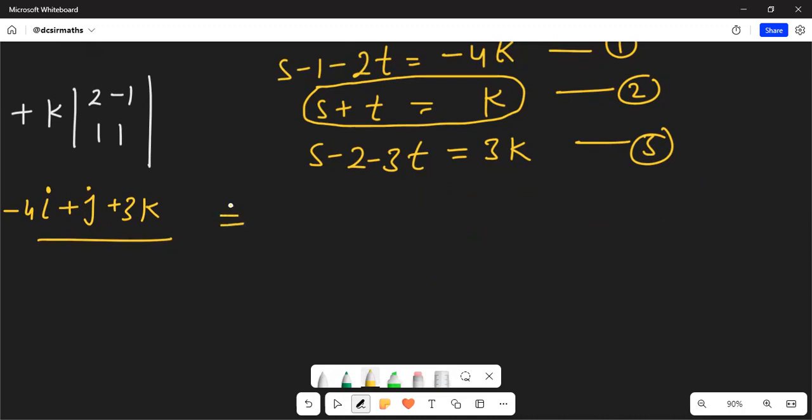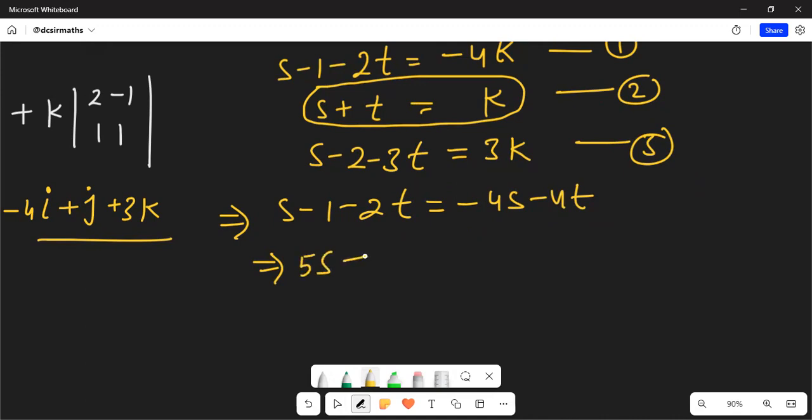So this implies s minus 1 minus 2t equals 4 times (s plus t), so that is minus 4s minus 4t. Taking s to one side, you have 5s plus 2t is equal to 1. Let's say this is equation number 4.